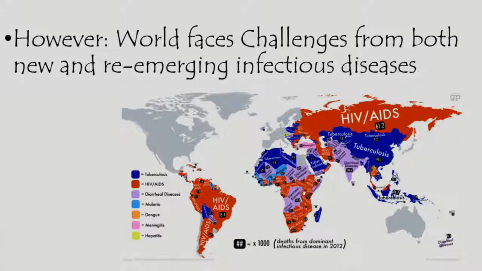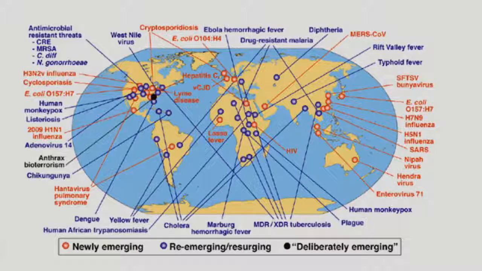However, the world faces challenges from both new and re-emerging infectious diseases. If you look at this, you have newly emerging, re-emerging, and deliberately emerging infections, including viruses, bacteria, and most importantly, drug-resistant organisms.